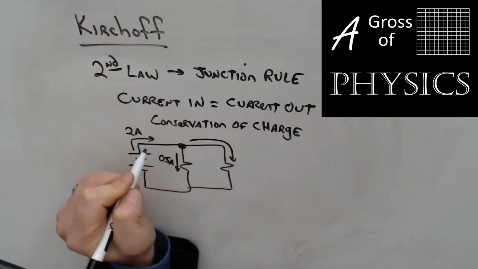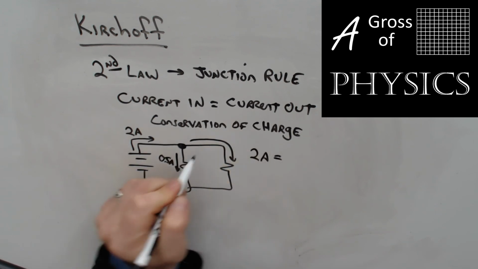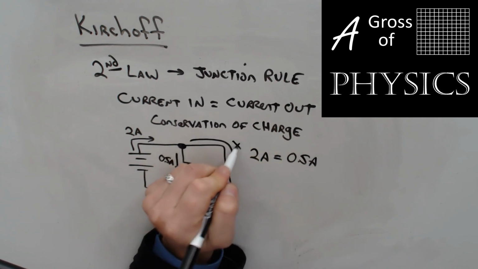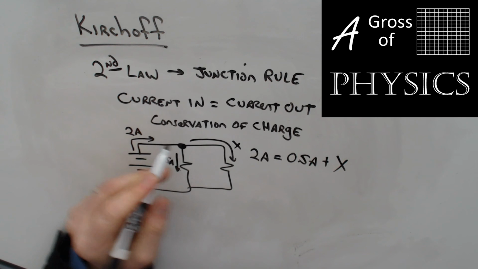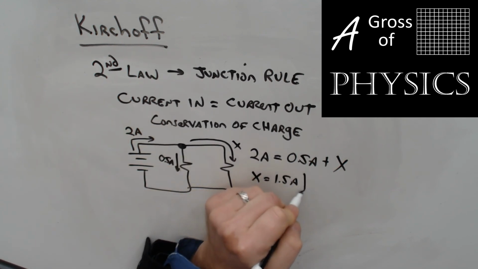Mathematically, you could do this. Everything pointing in, 2 amps, has to equal everything pointing out. 0.5 amps plus X. You could have done this in your head, I'm sure, but X would be 1.5 amps.